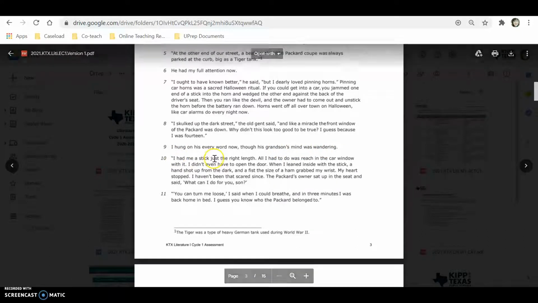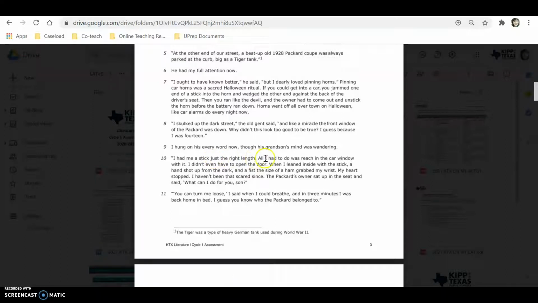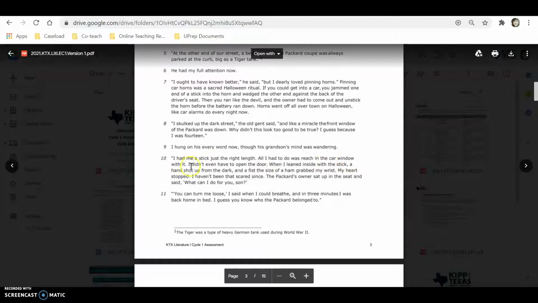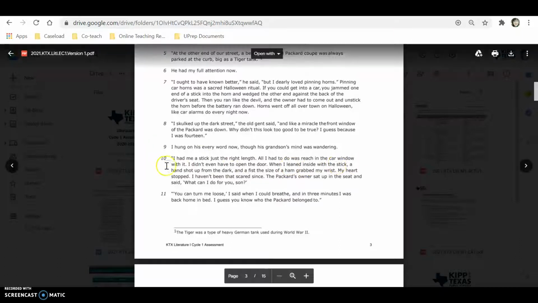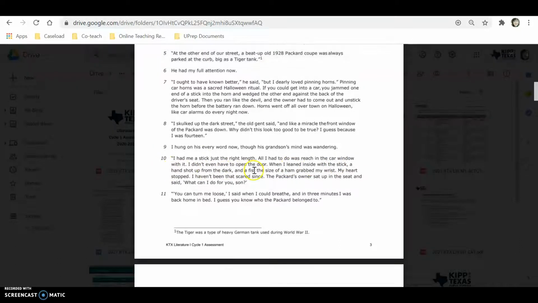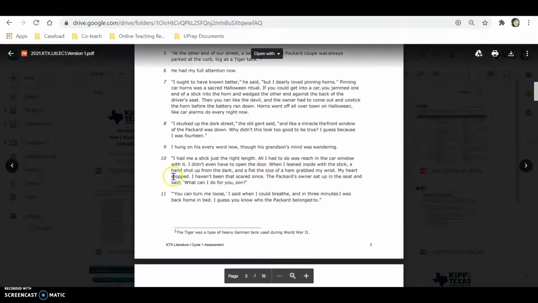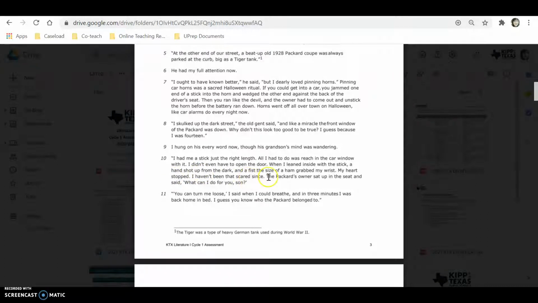I had me a stick, just the right length. All I had to do was reach in the car window with it. I didn't even have to open the door. When I leaned inside with the stick, a hand shot up from the dark, and a fist the size of a ham grabbed my wrist. My heart stopped. I haven't been that scared since.